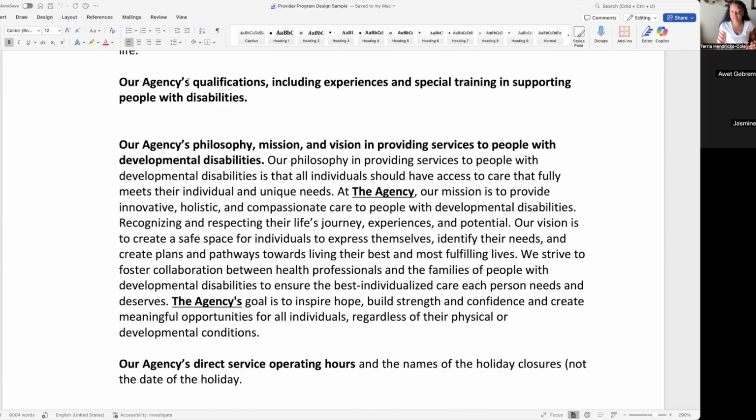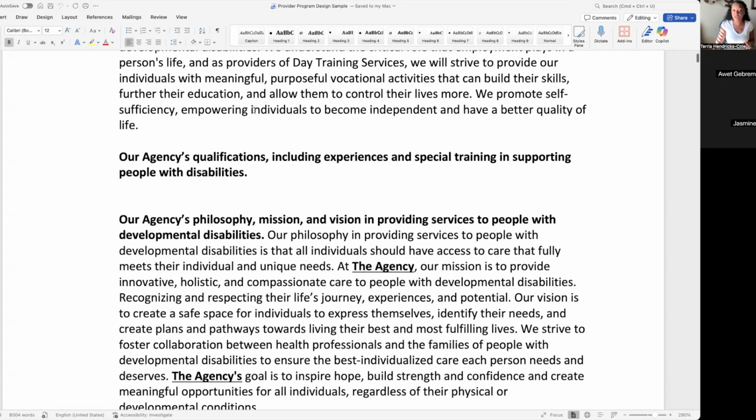What type of services did you provide to adults with intellectual disability? In what setting? It's essentially information that you would put on a resume. You have to have at least 1 year or more experience, or somebody on your team has to have 1 year or more of experience working with adults with intellectual and developmental disability in some type of capacity. And that experience needs to be outlined on your program design. Okay.